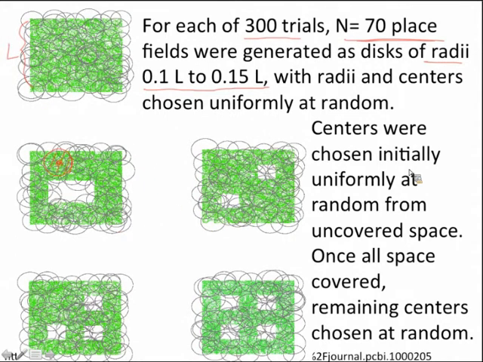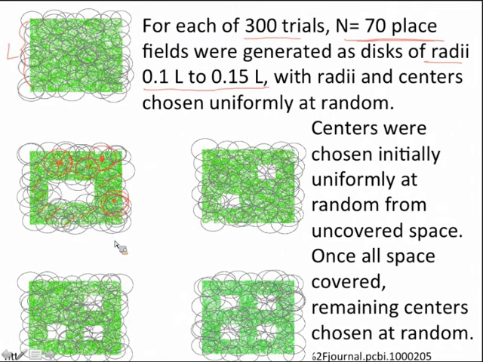The centers were initially chosen uniformly, so that once I have covered these 3 regions, we take a look at the complementary regions, the remaining part, and each point within this remaining part has an equal probability of being chosen for a place field.